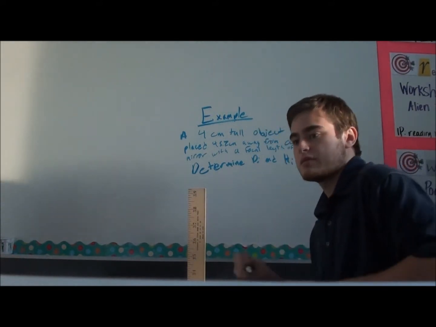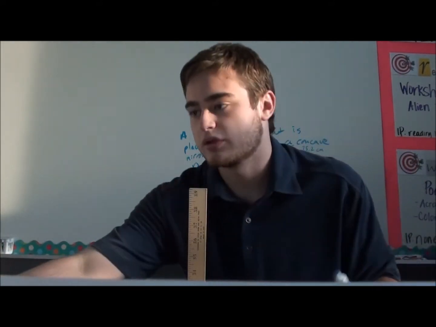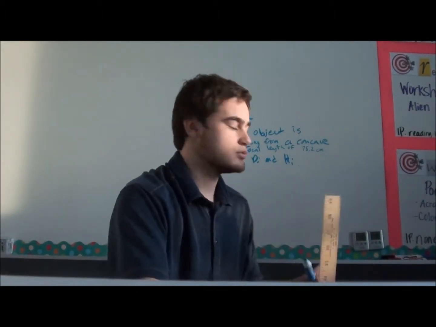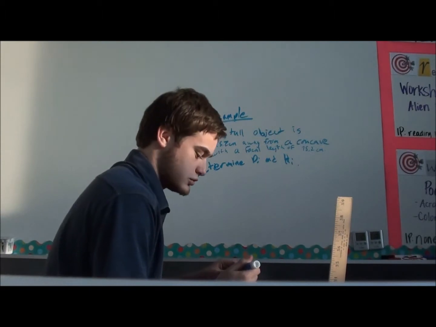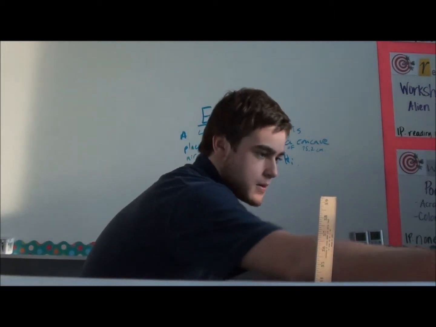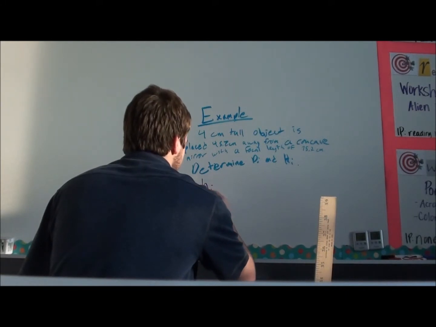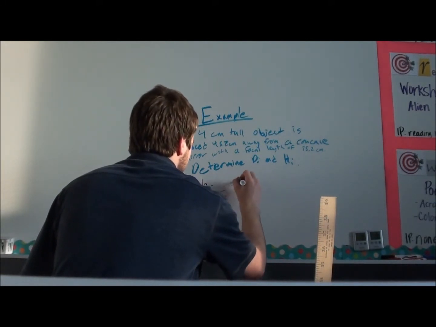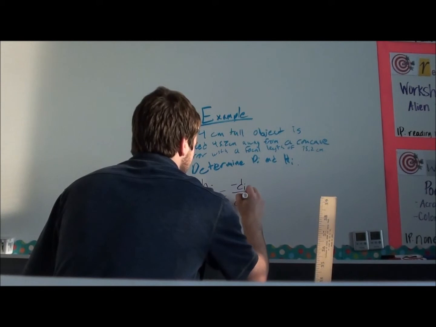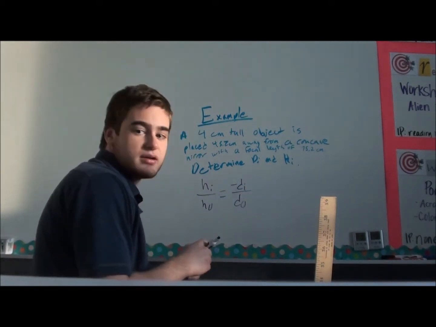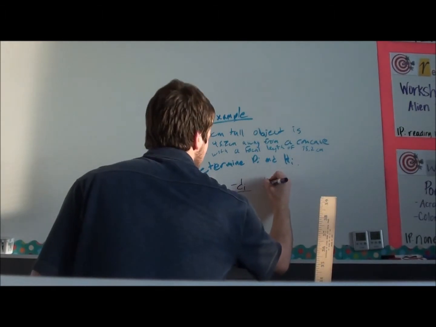We will calculate our image's height. To calculate our image's height, we will use our equation hi over ho is equal to negative di over do. We just solved for our di, so this should be very simple algebra as well.